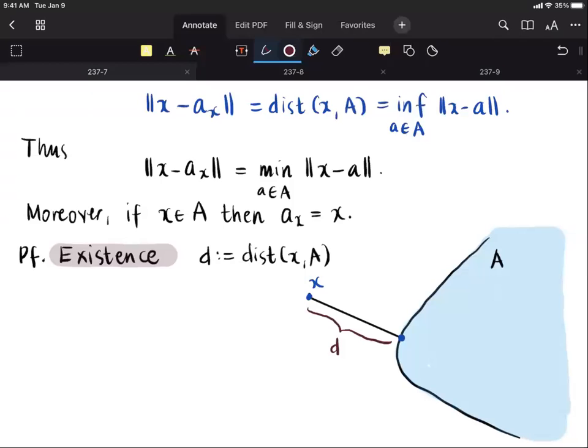This distance is this line segment. Here we visualize the situation in the Euclidean plane, just to have an intuition of the idea of the proof. So this d, the length of this line segment, you can think of as the distance between the point and the set.